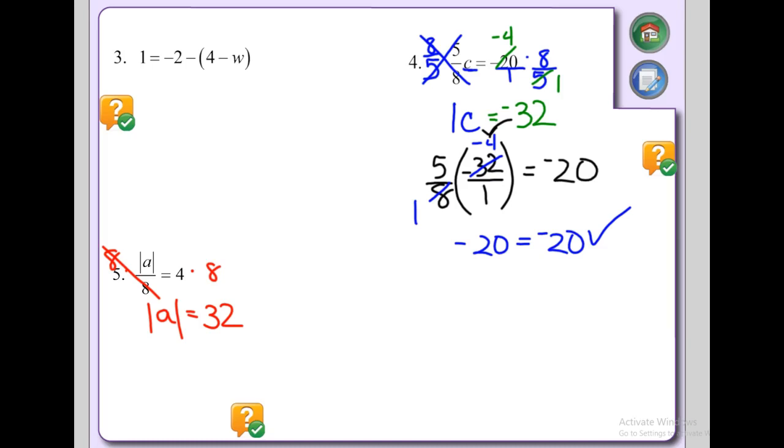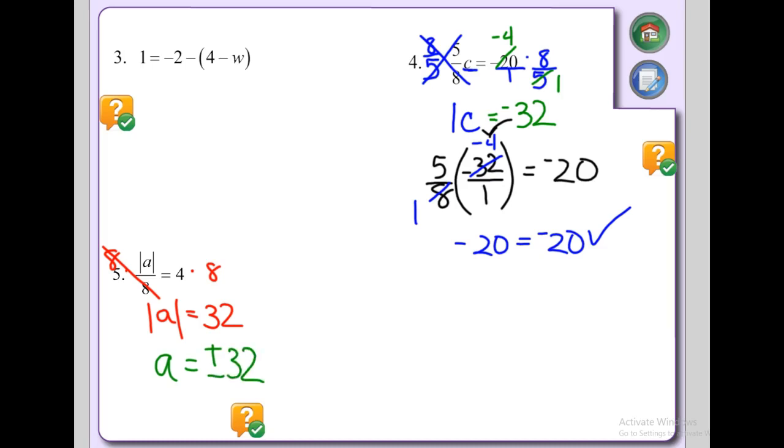Now, here's my question for you. If absolute value is the distance something is from 0, how many numbers are 32 spaces away from 0? Right. There are 2 numbers that are 32 spaces away. So A is going to equal positive and negative 32.